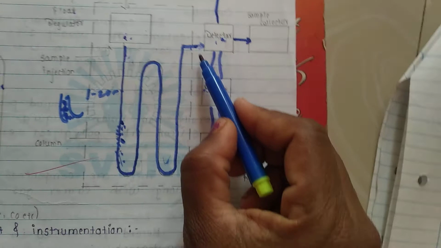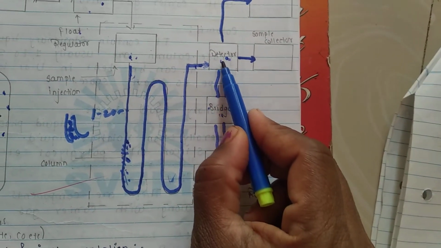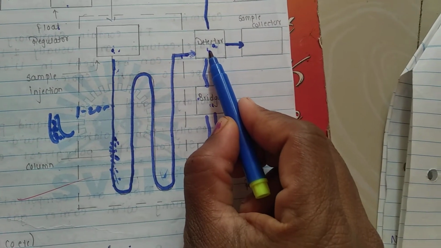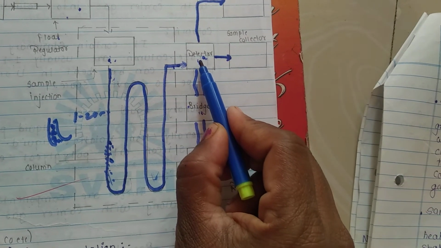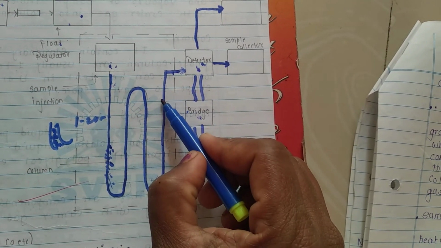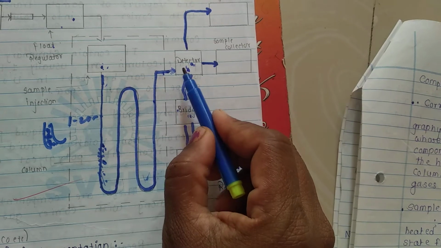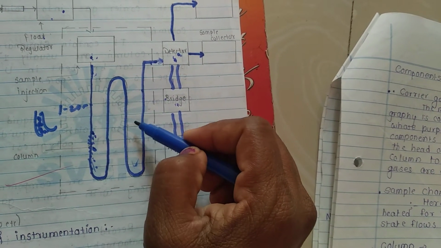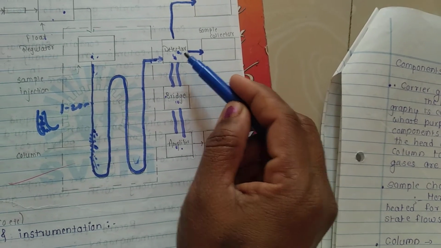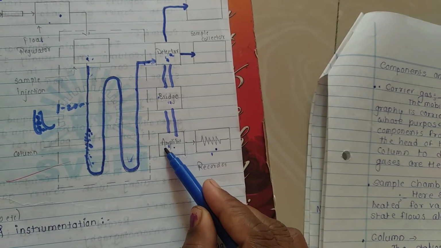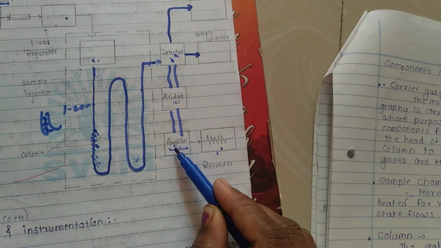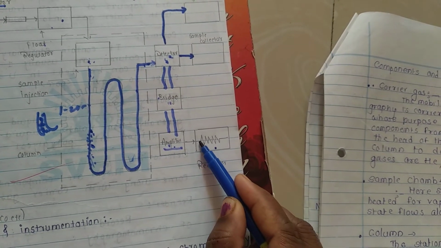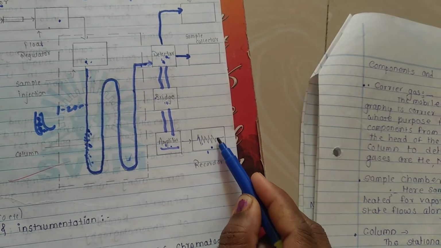After that, it is transferred to the detector. The detector monitors the component which comes from this column. It identifies the element present in that component. Then it gets transferred to the amplifier. The amplifier amplifies it and it gives the graph.